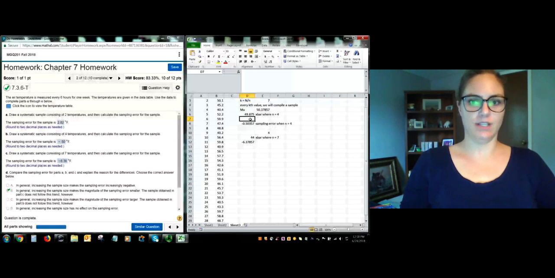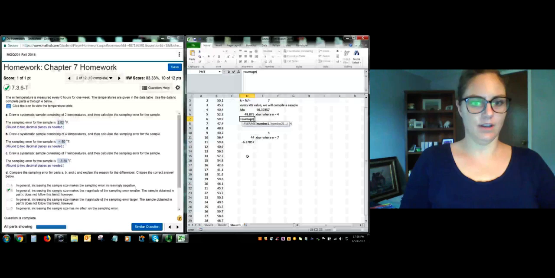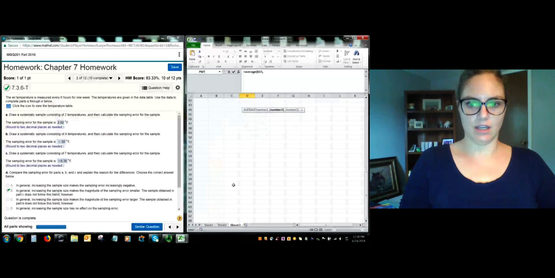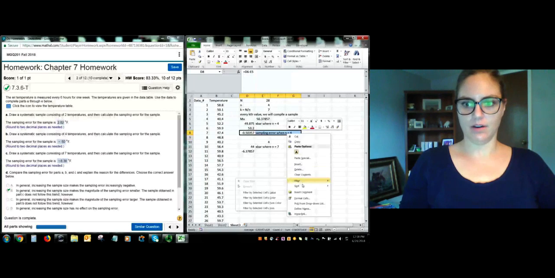So we're going to take every 14th value here to get our average. And that is going to give us 14 and 28. Okay, so this is going to give us a sampling error.